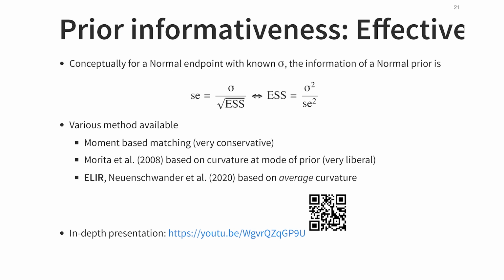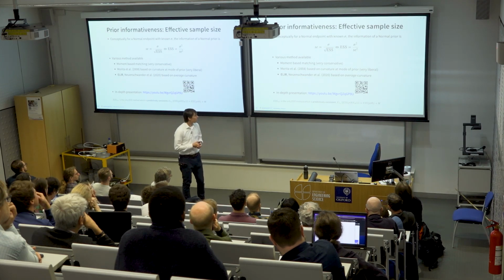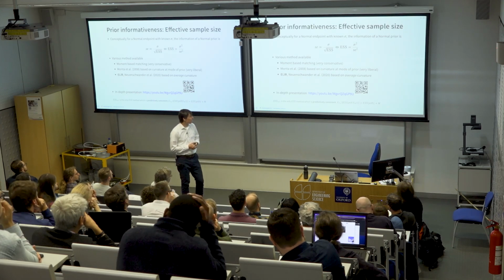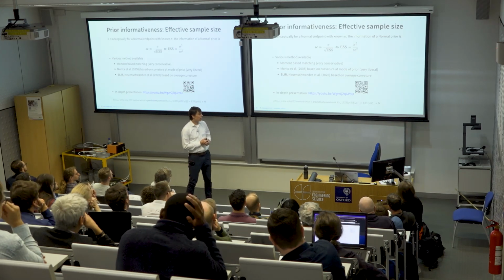For mixtures, it's a bit more complicated and involved. There are various methods out there. For example, moment matching, where you would match the moments to a simple beta in this case. But this is very conservative, meaning it gives you very low effective sample sizes. Morita would be based on the curvature at the mode. It's very liberal; it says how peaky your prior is. And the method which Beat and myself introduced in 2020 is ELIR, the expected local information ratio.